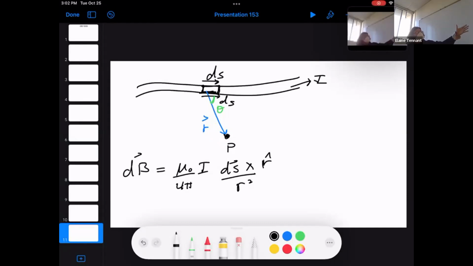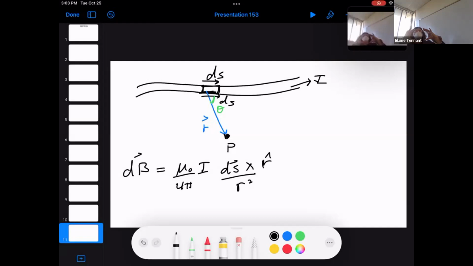Okay, we have the current in here because, of course, if the current increases, we expect our magnetic field to increase. I have a 1 over R squared dependence. So as we get further away, R gets larger and our magnetic field gets smaller. If you think about what's happening, you're moving out as a circle, right?